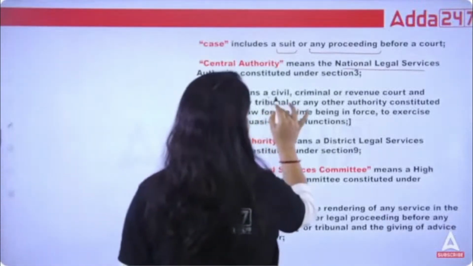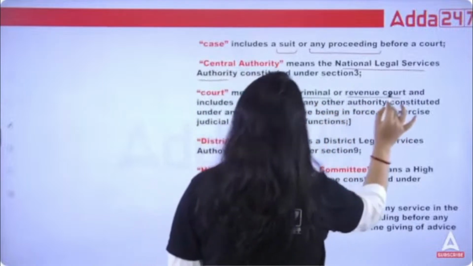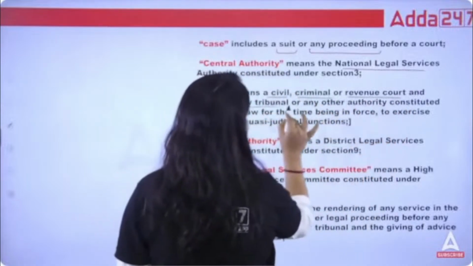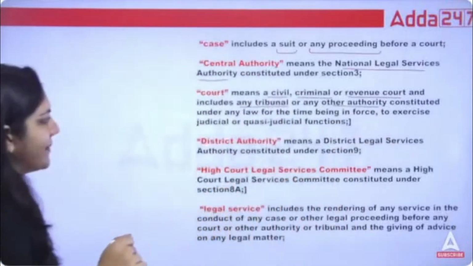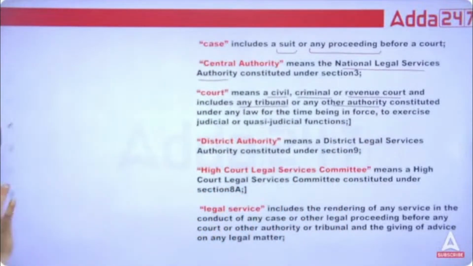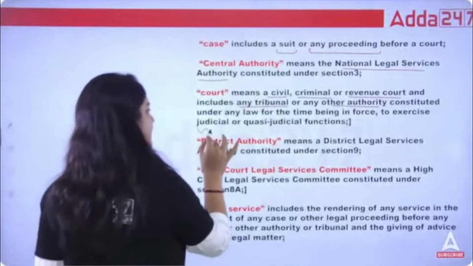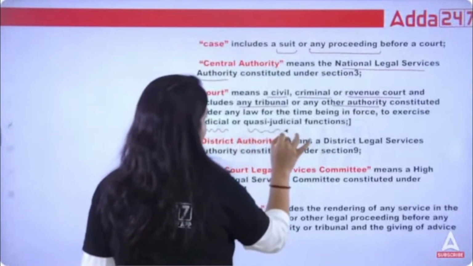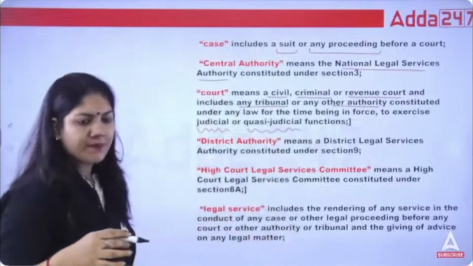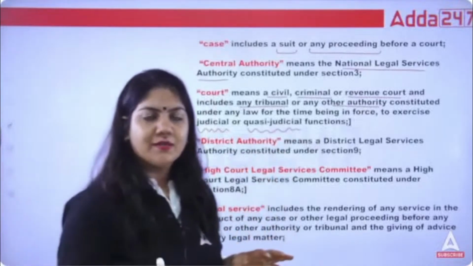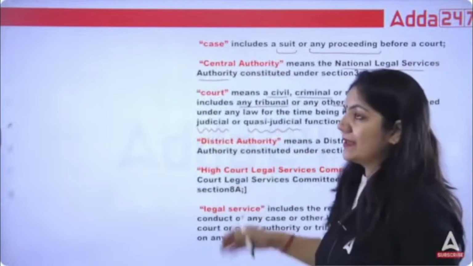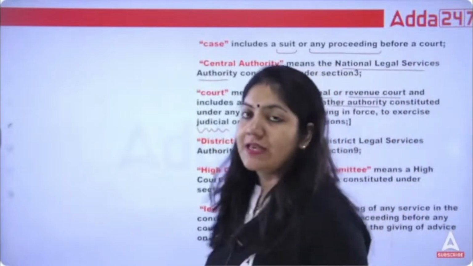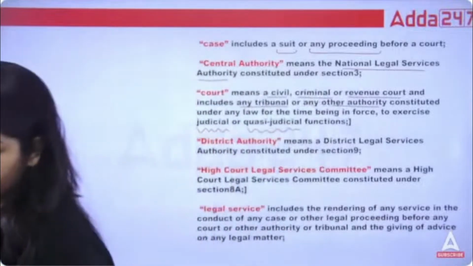Court means civil, criminal, revenue court, and includes any tribunal or other authority constituted under any law for the time being in force. It may be judicial and quasi-judicial. The functions followed by the particular court are called judicial, and the functions followed by the tribunal, Lok Adalat, are called quasi-judicial. That's it.